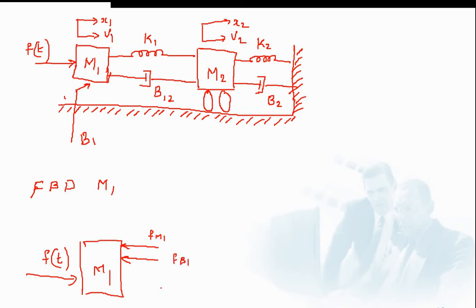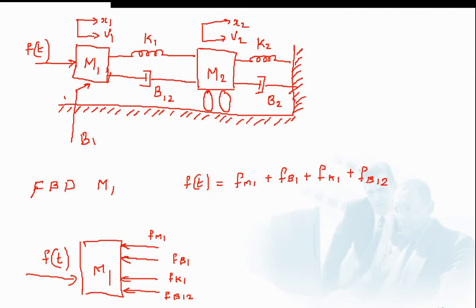The other elements connected to M1 are spring K1, giving Fk1, and damper B12, giving Fb12. Now the force balance equation is F of t, the applied force, equal to Fm1 plus Fb1 plus Fk1 plus Fb12.